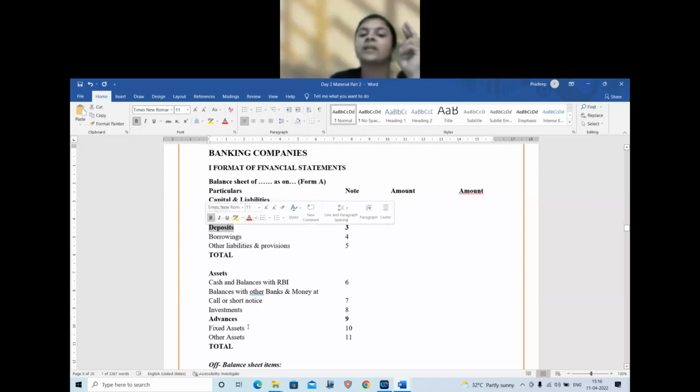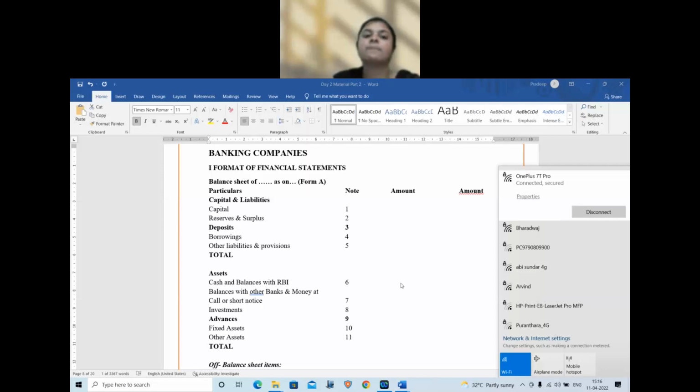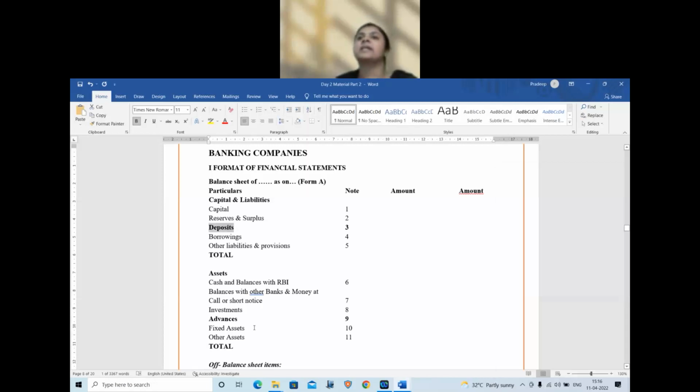Now, the most important schedules in the balance sheet are Schedule 3 and Schedule 9. Schedule 3 being deposits and Schedule 9 being advances. Schedule 3 deposits is about the deposits made by external people or by common public with the banks, which is further classified into time deposits, demand deposits.